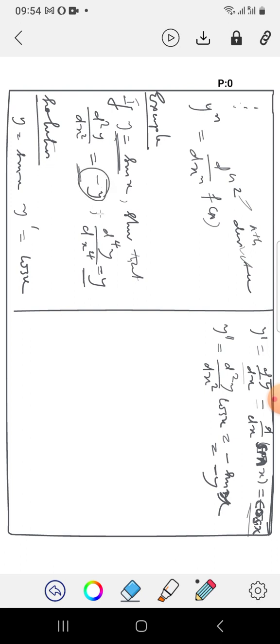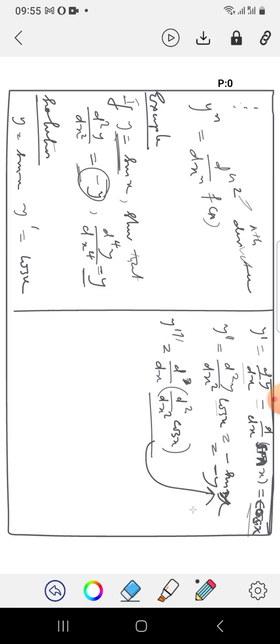All right. Now we continue to bash it. So y prime prime prime. Unfortunately, there's no way you can just jump straight to y4 without passing through y3. So this is going to give us d/dx of d squared over dx squared of sine x, and d squared over dx squared of sine x we have found to be minus sine x.